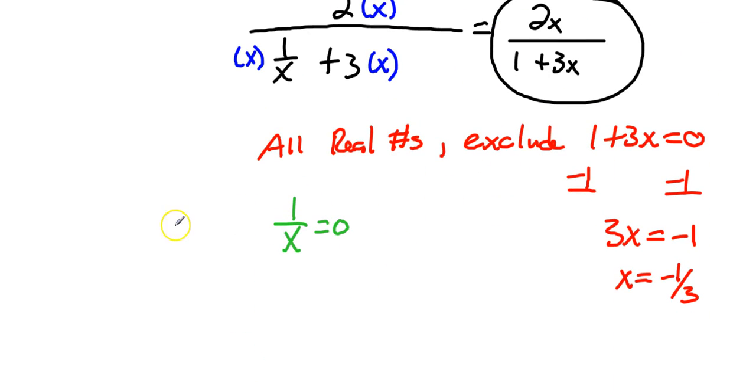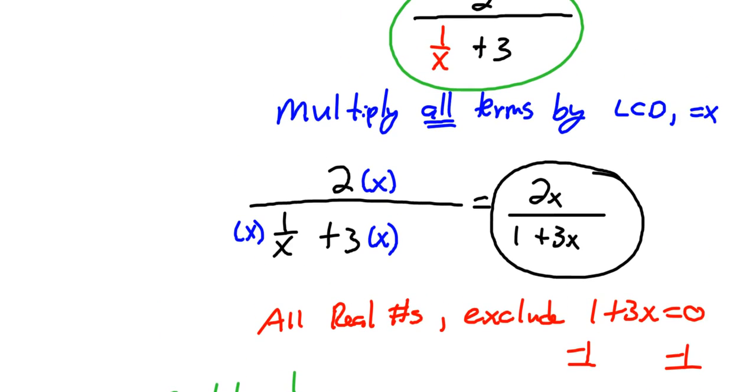We're going to exclude this one, and we're also going to exclude this part, which means that you also have to exclude x equal to 0. Because we had the original answer and then we changed it to make it look like this, we got to bring in both parts, because it was this, but now we changed it to this, so we still got to pull both of them in there.